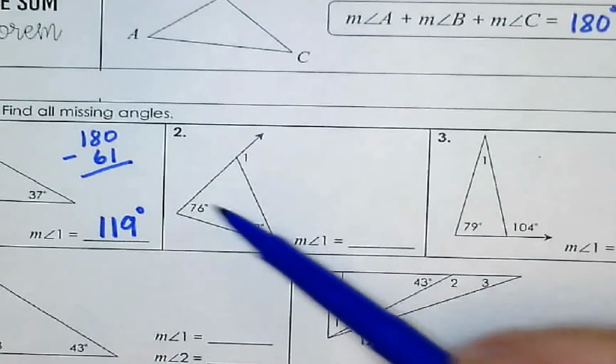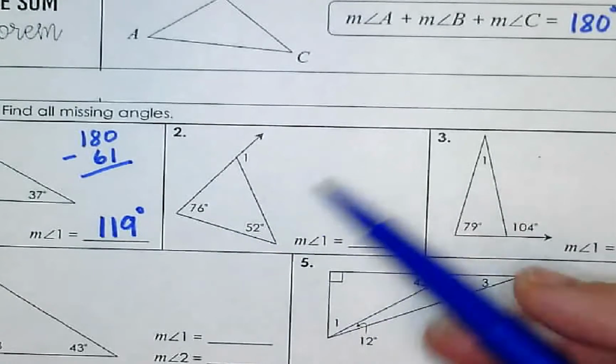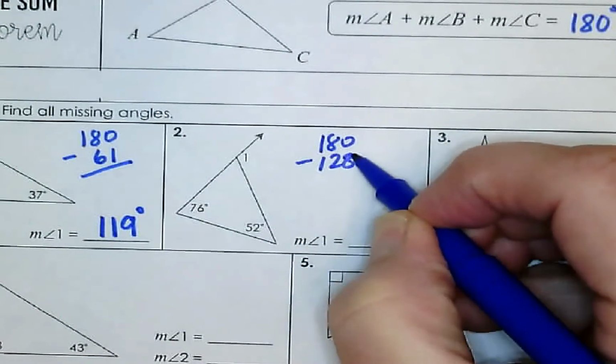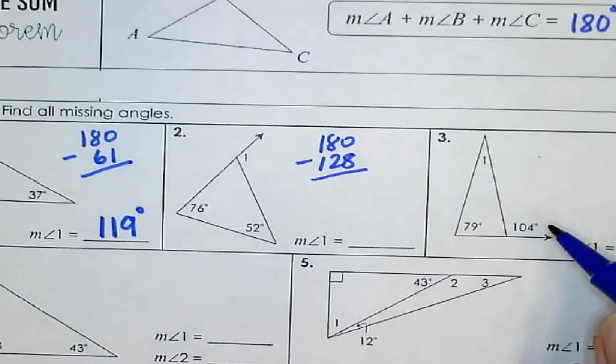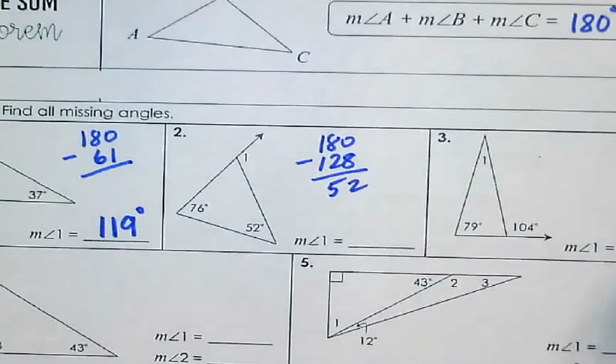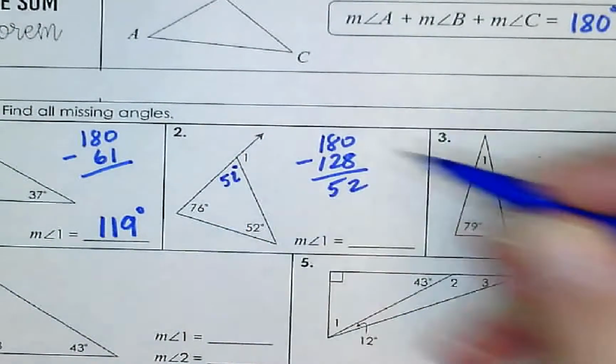If I take these two and add them together, I'm going to get 128. If I take 180 minus 128, that's going to give me 52. Now that 52 is this angle inside the triangle right there.